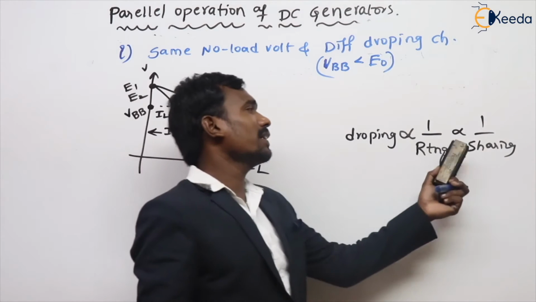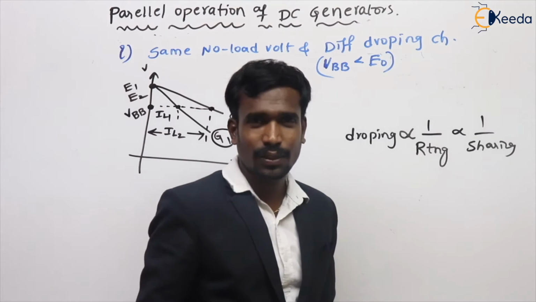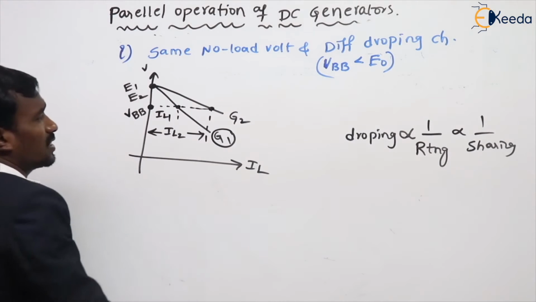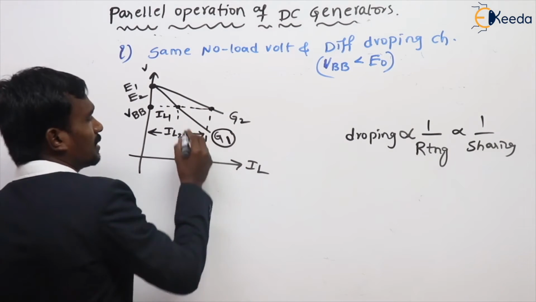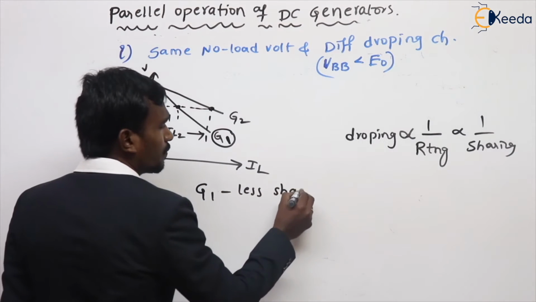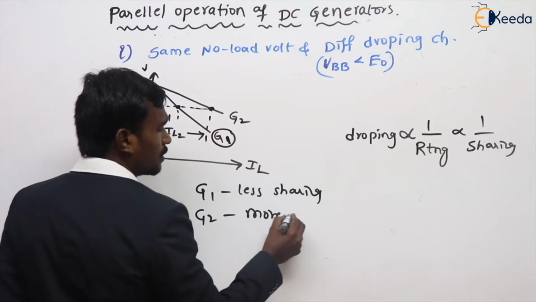So the drooping is inversely proportional to sharing. Are you okay or not? So be careful. In this condition, generator 1 has less sharing and generator 2 has more sharing.